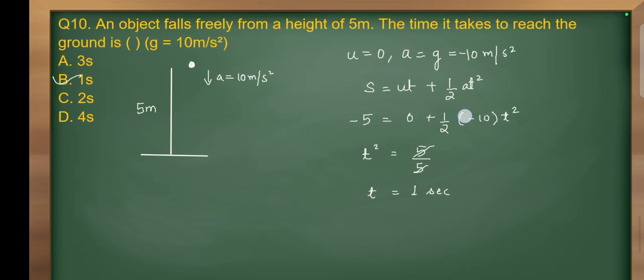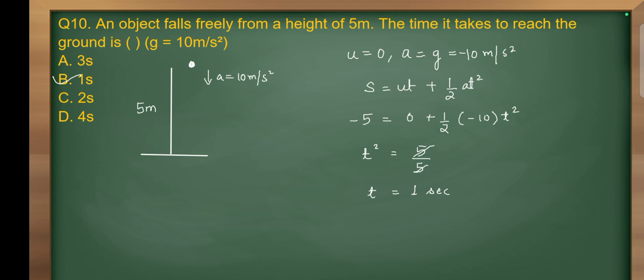Question number 10. An object falls freely from a height of 5 meter. The time it takes to reach the ground is? Here acceleration due to gravity is given as 10 meter per second square. When the particle is dropped from the height of 5 meter, its initial velocity is 0 and acceleration due to gravity is minus 10 meter per second square.